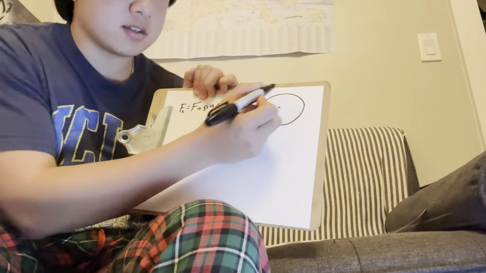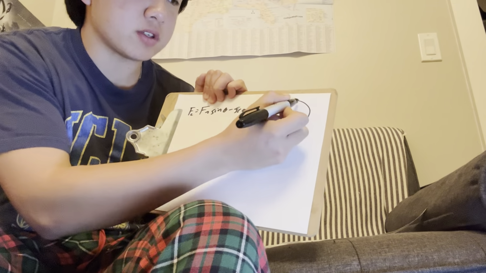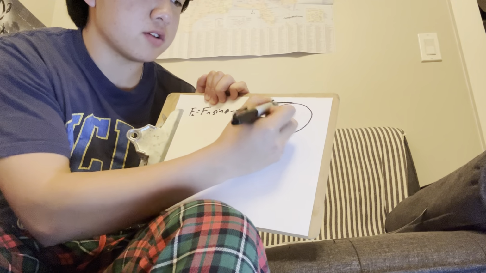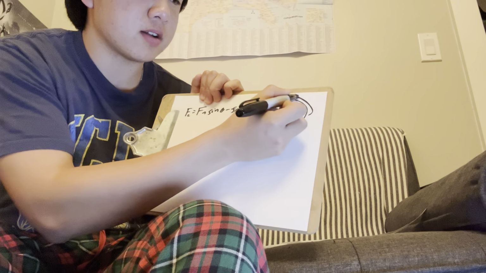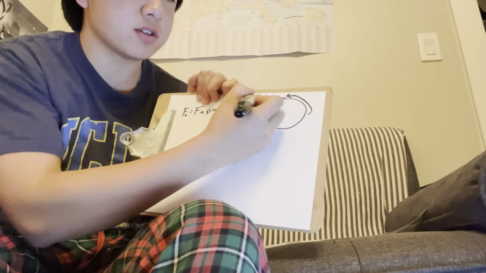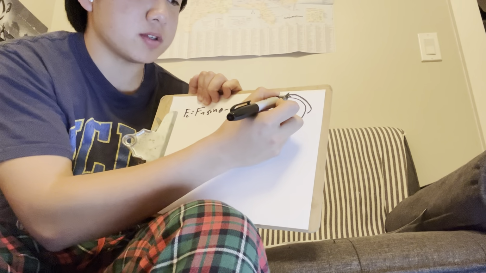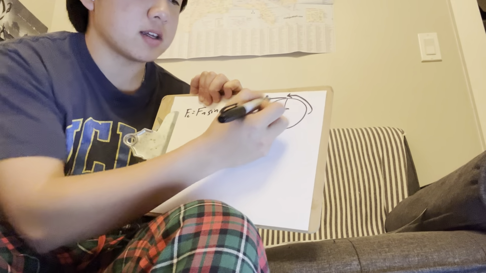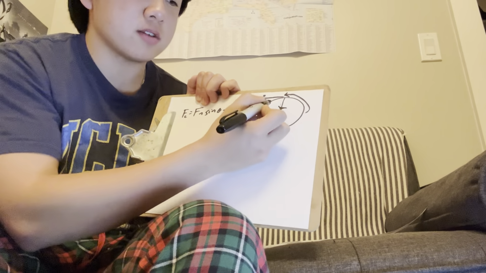Centripetal force is the force that keeps an object moving in a circular path, essentially. So if we had a circle and something was going around this circle, without any centripetal force it would just continue to go this way. But the centripetal force keeps it towards the center, keeps it going around in a circle.